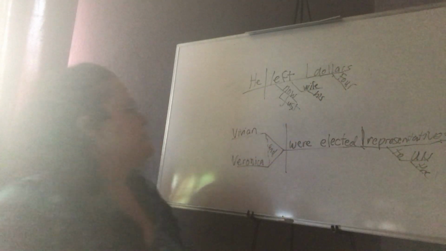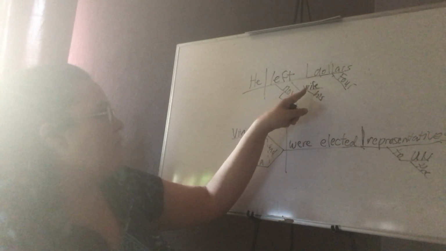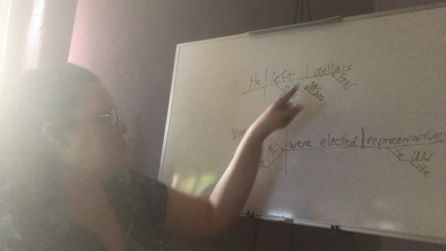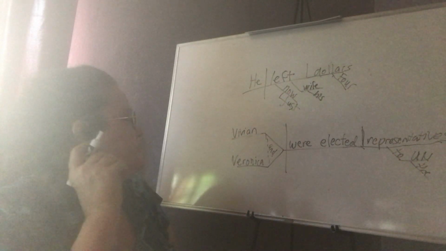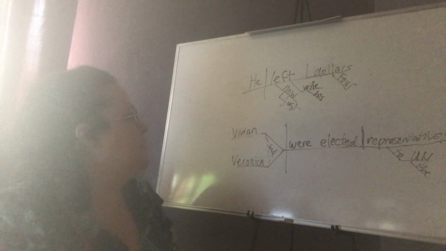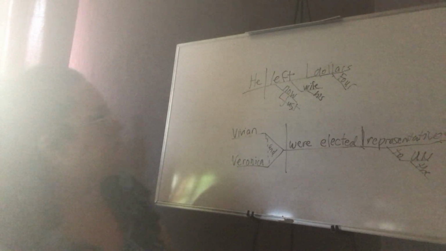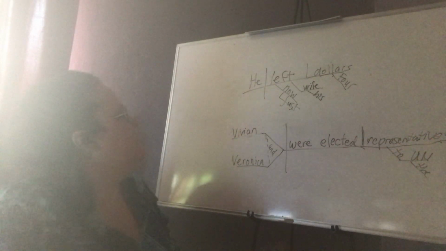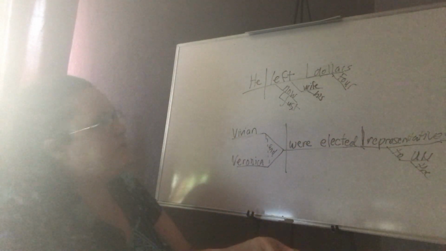Okay, so dollars is what he left. Wife receives the dollars, so she is the indirect object, and dollars is your direct object. Okay. Let's see what else. So we have intransitive, transitive, direct object, indirect object.